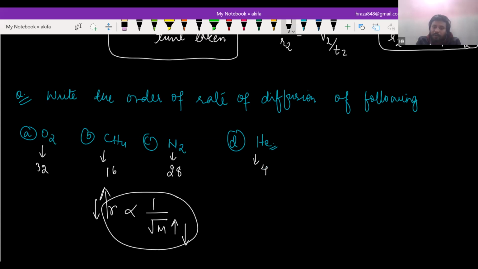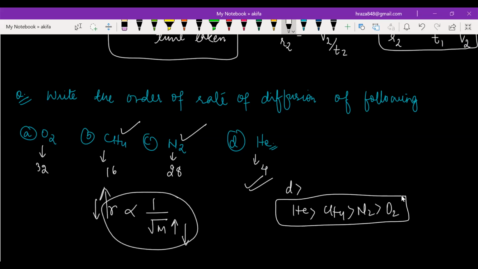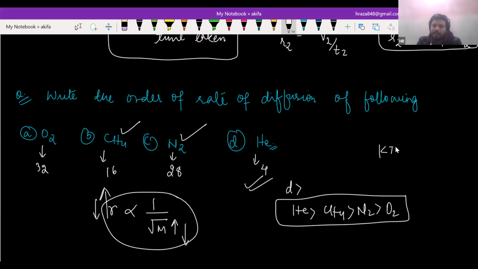So the lowest mass is D, helium, then CH4, then N2, and then O2, right? Okay, so please read all this, and we will have KTG, kinetic theory of gases, in the next class.